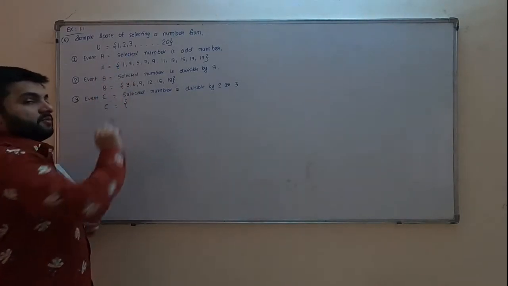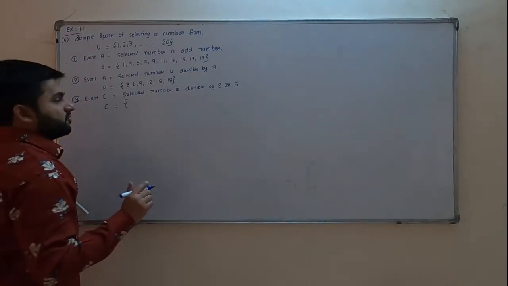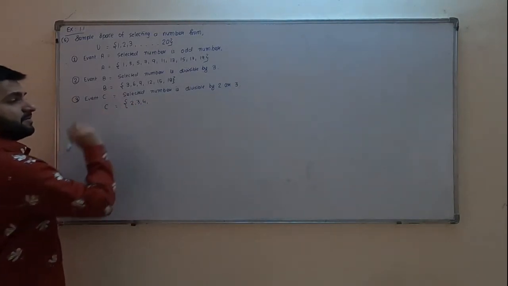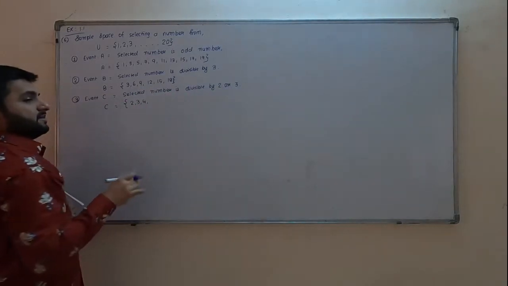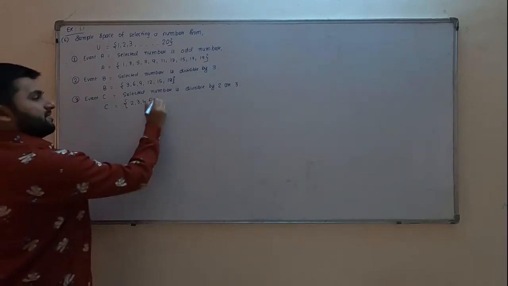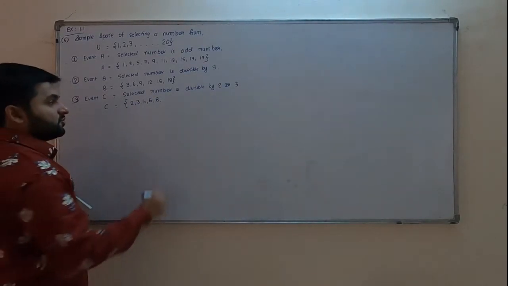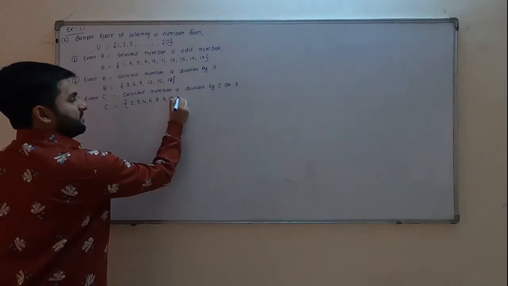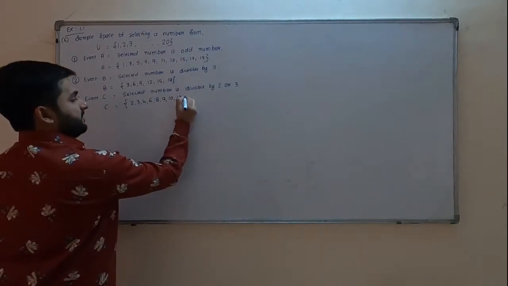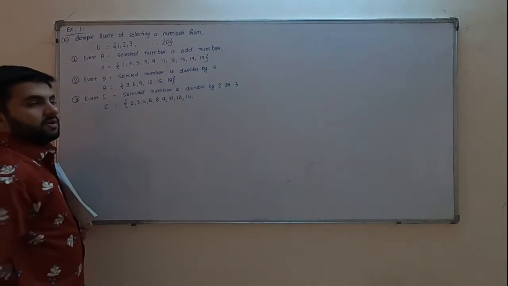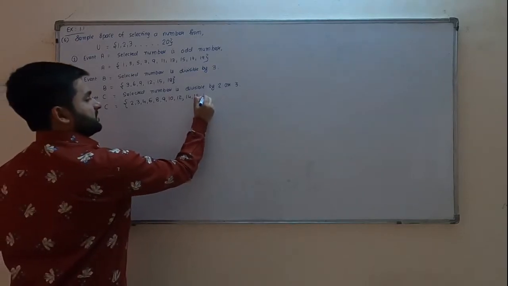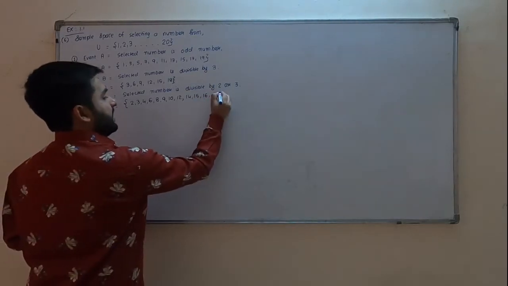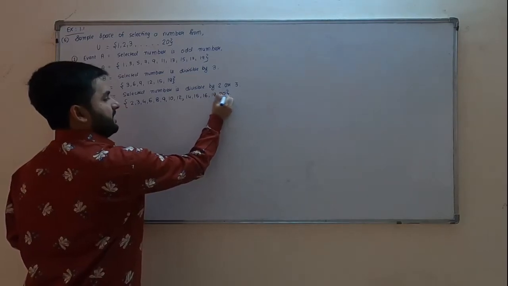Now if we look from 1 to 20, 1 is not divisible by 3 and not by 2 also. 2 is divisible by 2, then 3 is divisible by 3, then 4 is again divisible by 2, 5 is not divisible by 2 or 3, then 6 is divisible by 2 and 3 both, then 7 is not, again 8 is divisible by 2, then 9 is divisible by 3, then 10 is divisible by 2, then 11 is not divisible by both, then 12 is divisible by both, then 13 is not, 14 is divisible by 2, 15 is divisible by 3, 16 is divisible by 2, 17 is not divisible by both, 18 is divisible by 2 and 3 both, and 19 is not, 20 is divisible by 2.